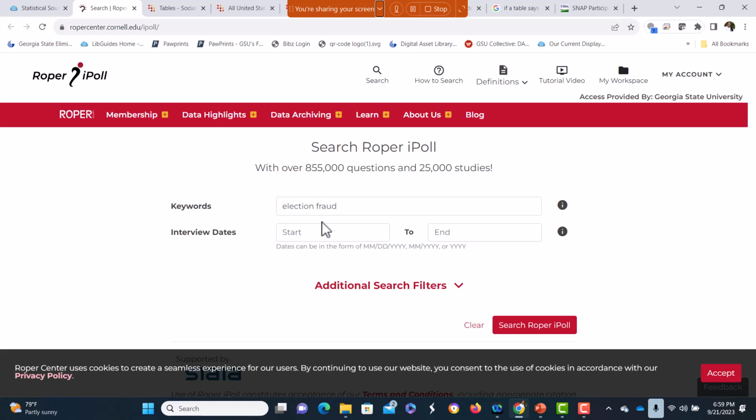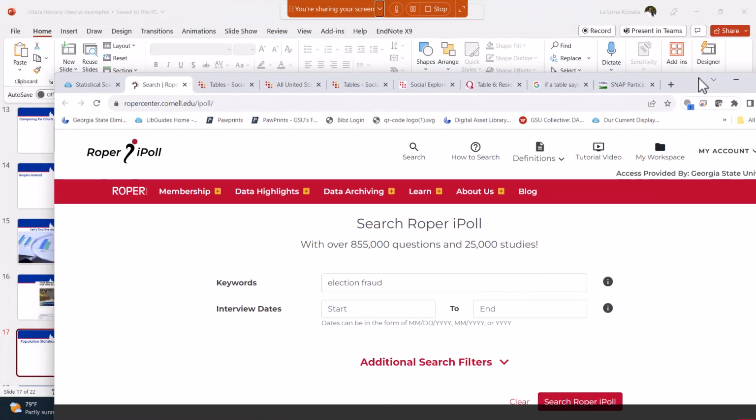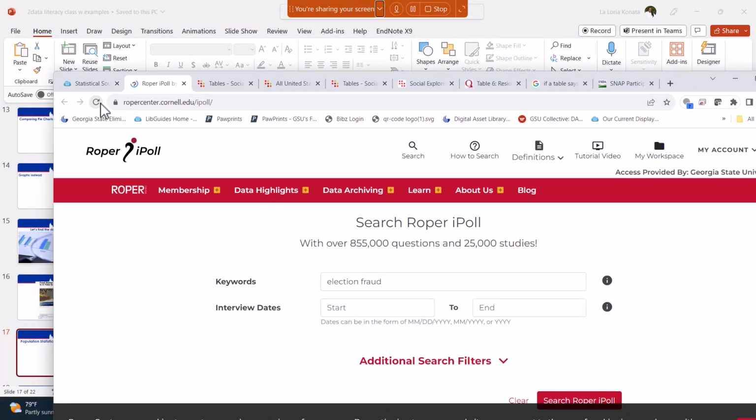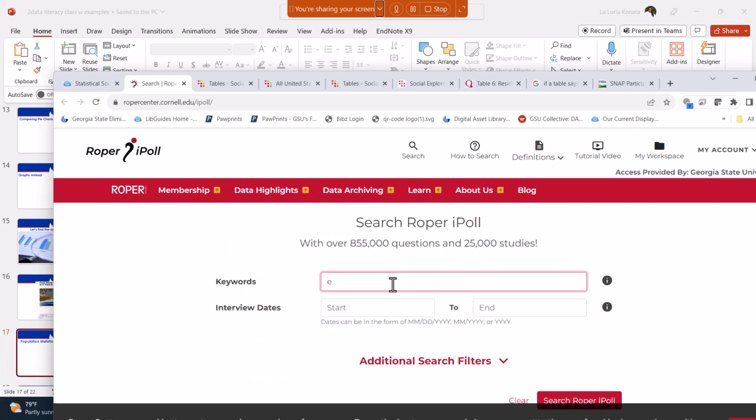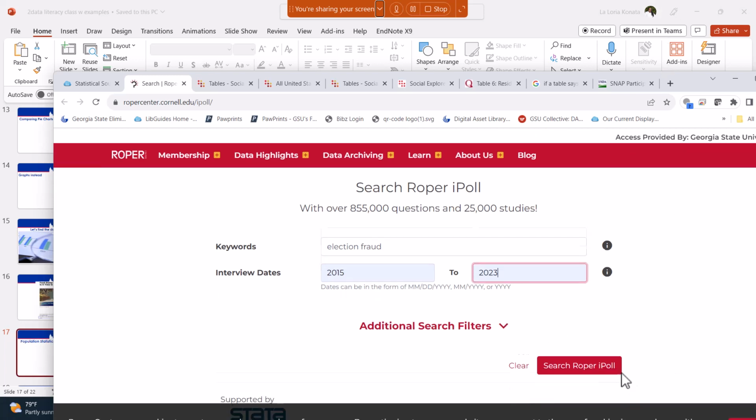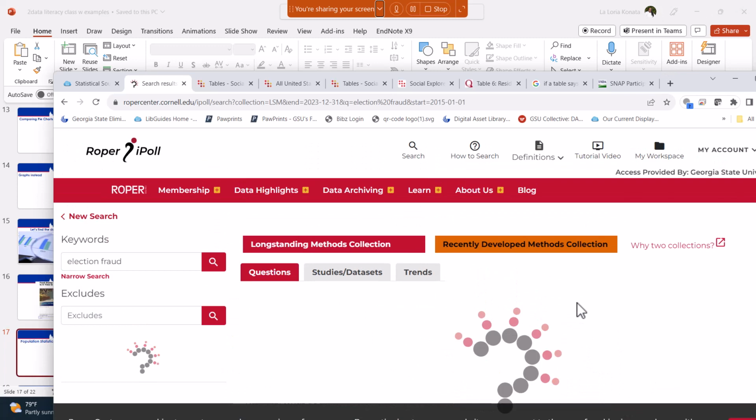It's not letting me type a date here, but let me just search. Let's say 2015 to the present, and I'm going to search.